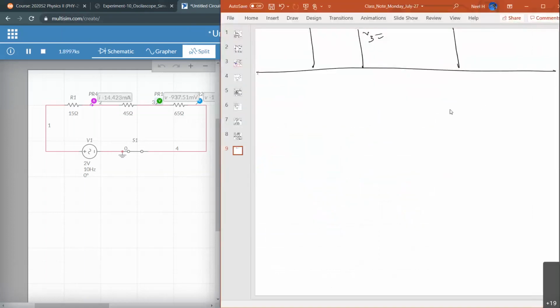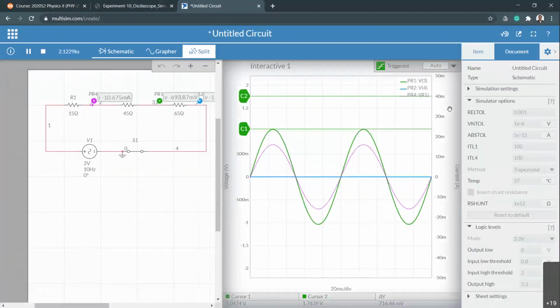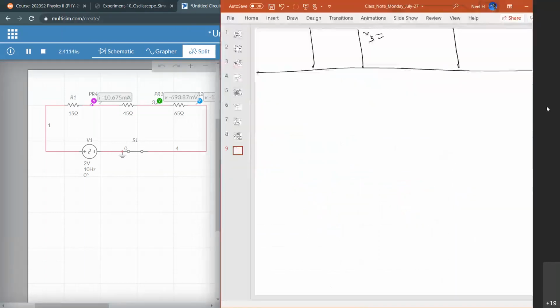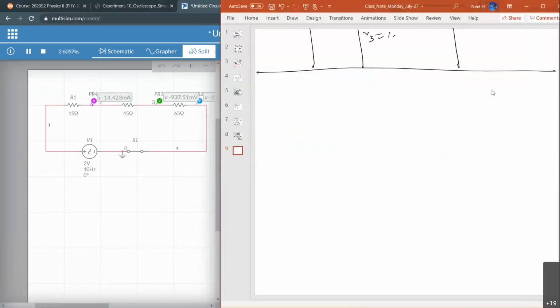So the V3 is 1.0474 volt, and then I is the same, right? It doesn't change at all, 16.018 milliamps.